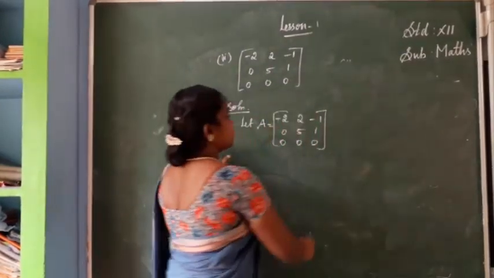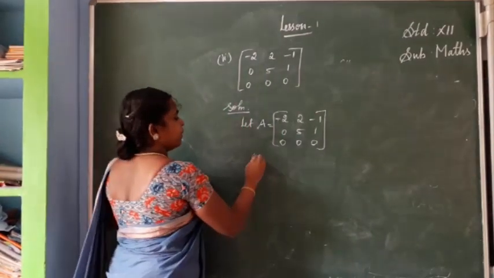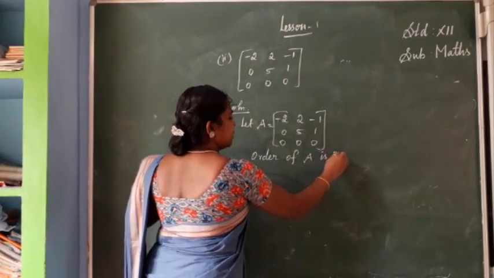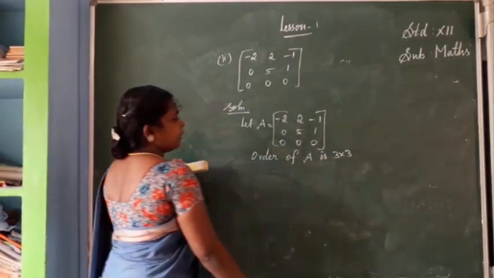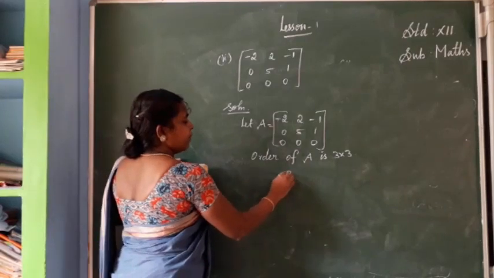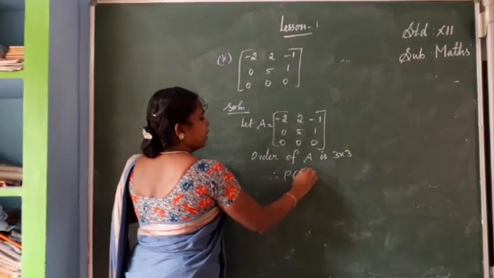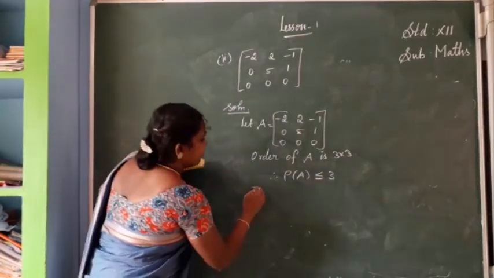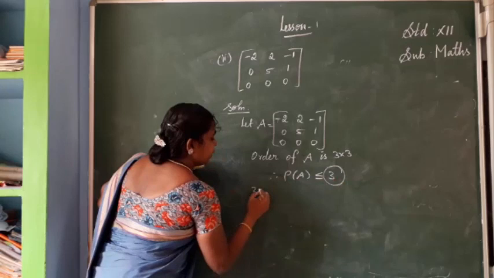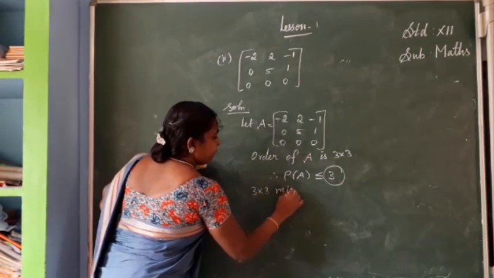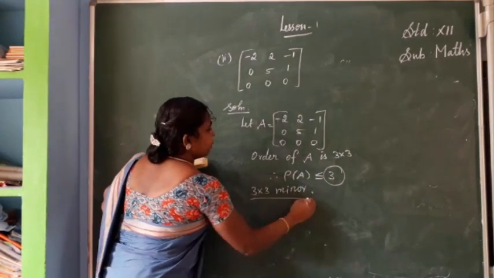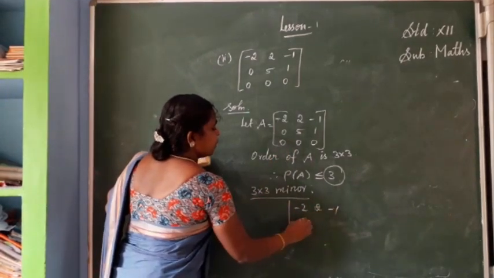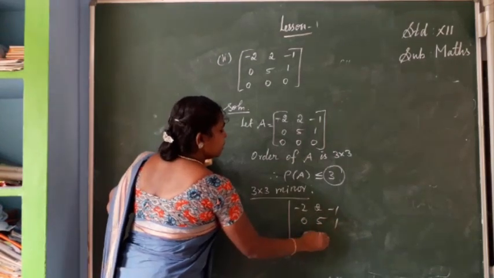The order is 3 rows 3 columns, so 3 by 3. Therefore rho of A is less than or equal to 3, because the minimum of 3 by 3 is 3. Then you want to find the 3 by 3 minor.